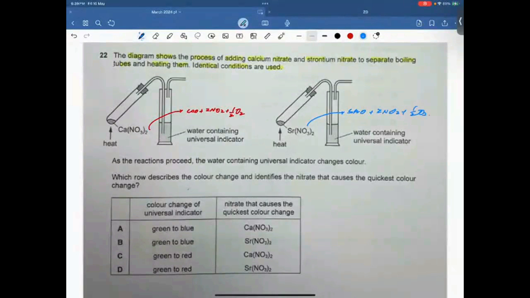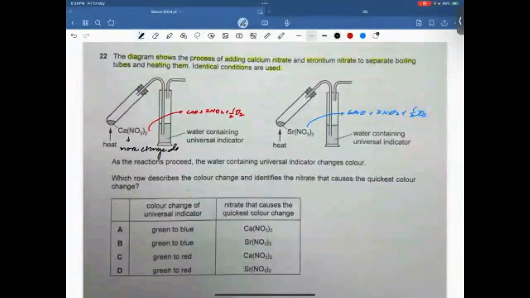Calcium nitrate has more charge density and more polarization, so it decomposes easily.